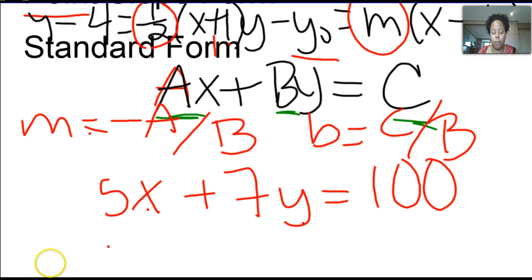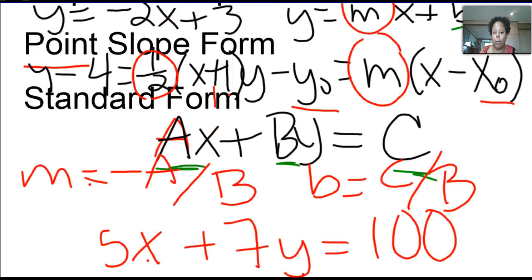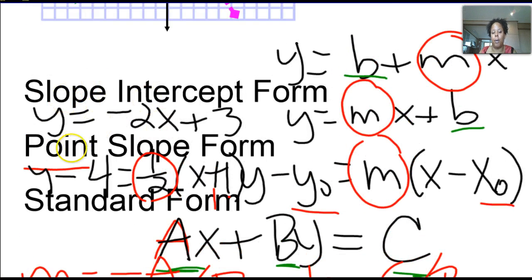Now, why are we talking about these forms? These forms are important because depending on the situation, you need to come up with quickly a way to represent the linear relationship between two variables. And we can use any of these forms to represent that relationship, but some come easier than others. It depends on the information that they gave you. If they give you the slope, or the rate of change of the relationship between x and y, and they give you a point, then I would use the point-slope form.